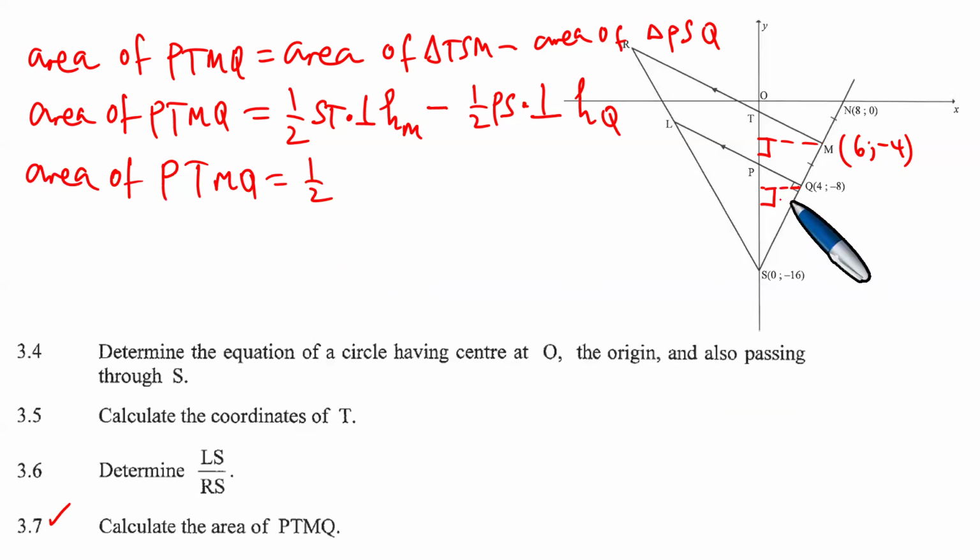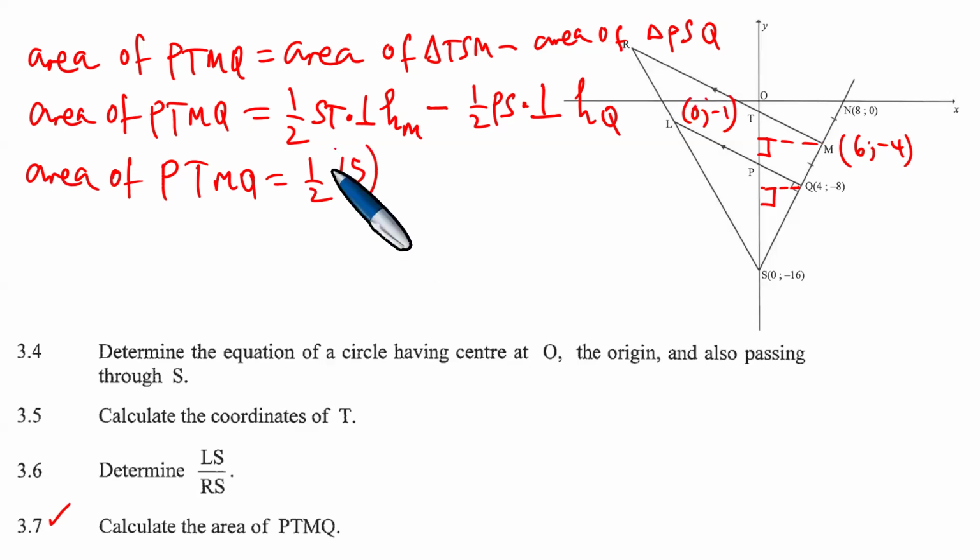If you want to find the base ST, you already know T has the coordinates 0, -1. Now you just want to find the distance. The distance between -1 and -16 is 15 units: -16 minus -1 gives 15 units.